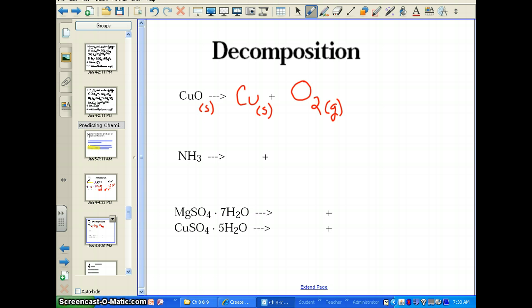So in decomposition of a compound that only has two elements, it's pretty easy. You're going to break it down into the two elements that are formed. Another example: when you decompose a nitrogen compound, you're going to be forming nitrogen, again a diatomic, a gas at room temperature. And hydrogen.